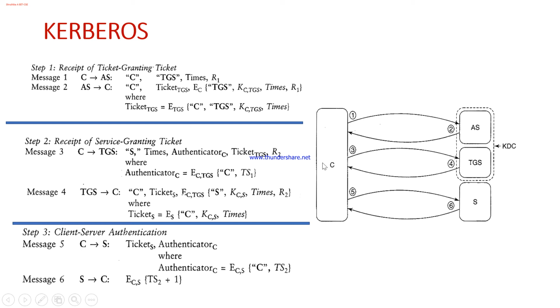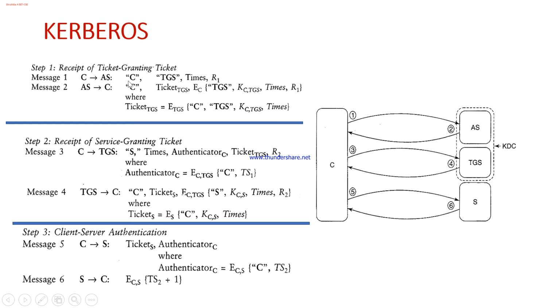The first and second messages are termed step 1, the third and fourth messages are termed step 2, and the fifth and sixth messages come under step 3.